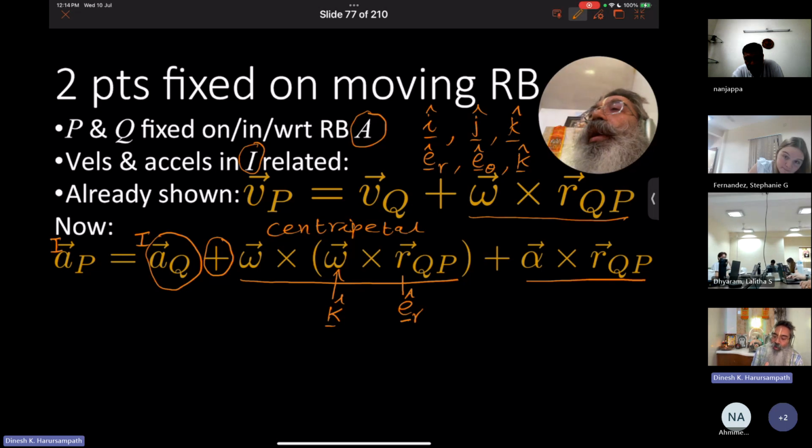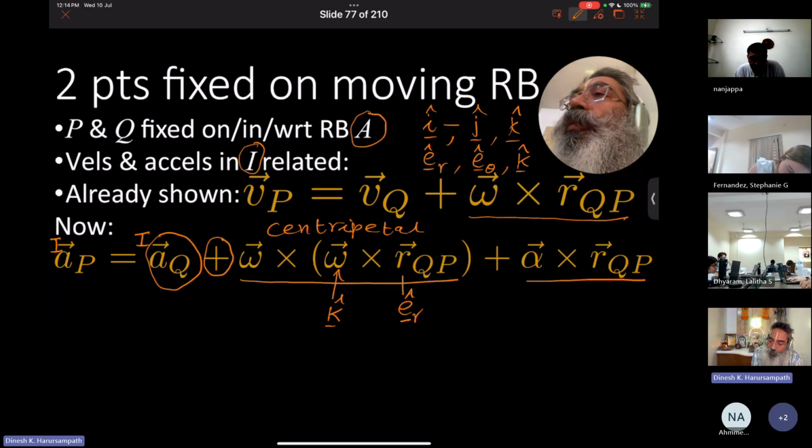And so just like we had I cross J giving you K, J cross K giving you I, and that cyclic order is there from going from this to this and to this. Whereas if you take a cross product in the opposite direction, let's say J cross I, then it becomes negative K instead of a positive K, right? Same thing holds in a cyclic manner for ER, E theta, and K.